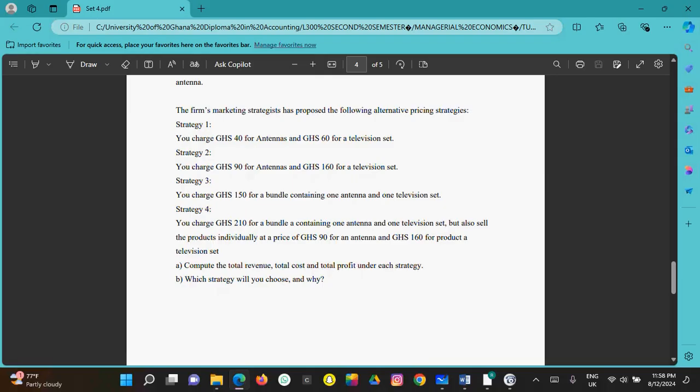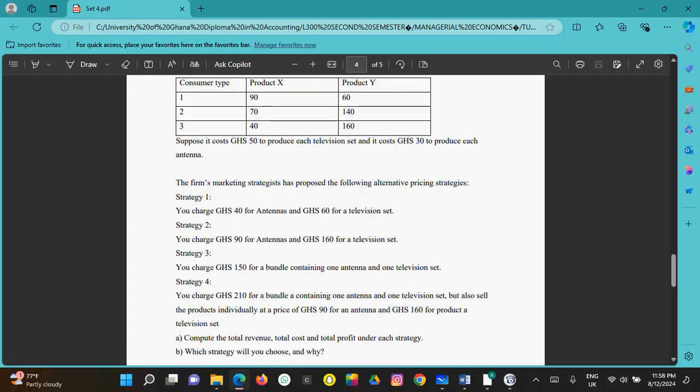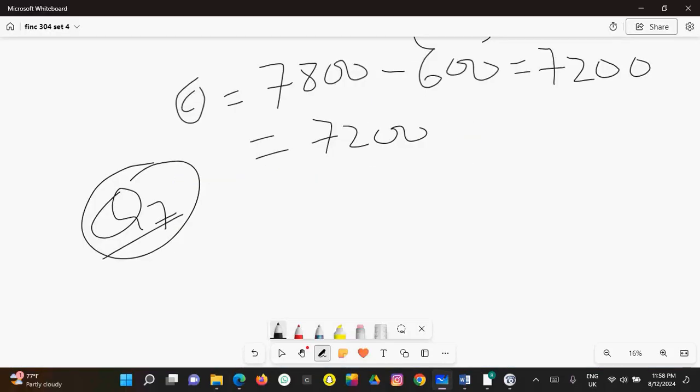Now, we are asked to compute the total revenue, total cost, and total profit under each strategy, and then decide which strategy you would choose and why. Let's do this fast.